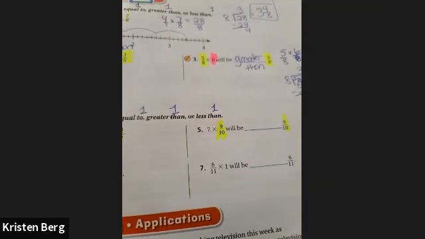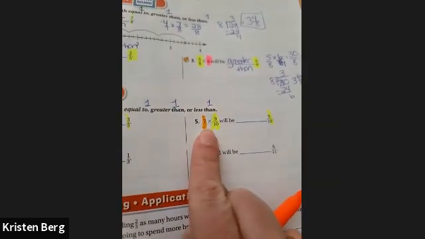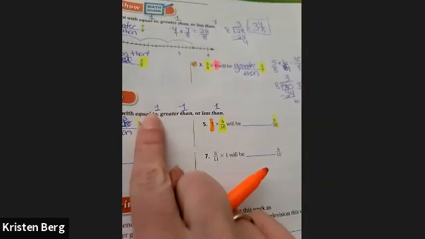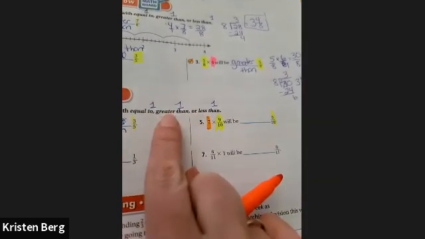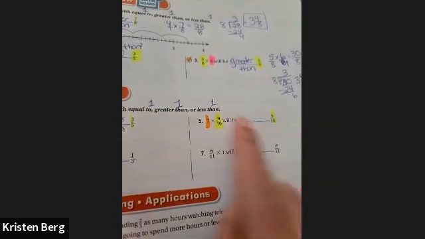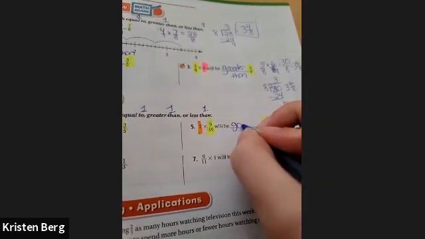Well, how you determine it is you look at the other number. Then you say, all right, we're multiplying by 7. So is 7 equal to 1, greater than 1, or less than 1? It is greater than 1, so therefore our answer will be greater as well, because I am multiplying by something that is bigger than 1 whole.